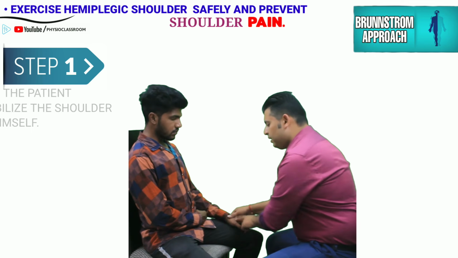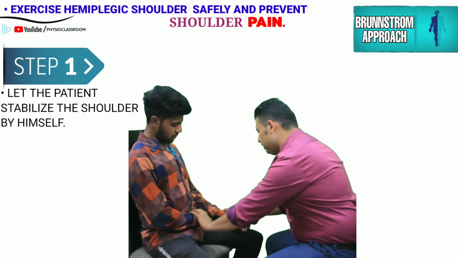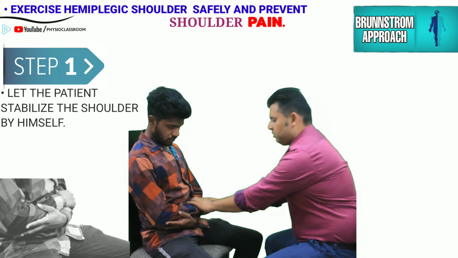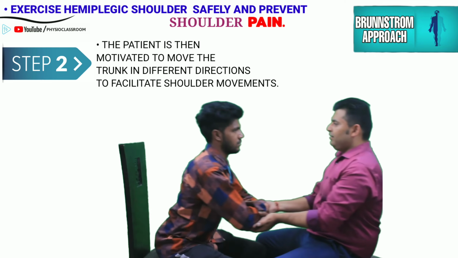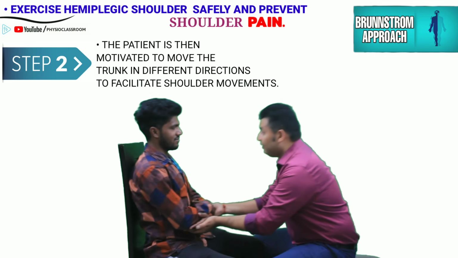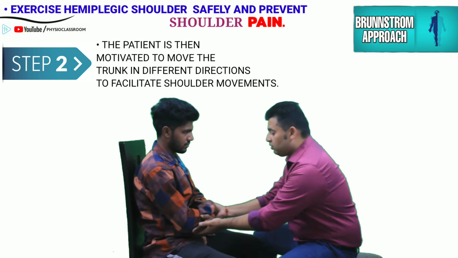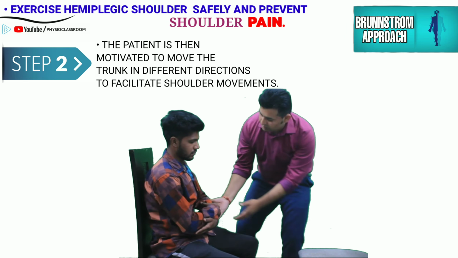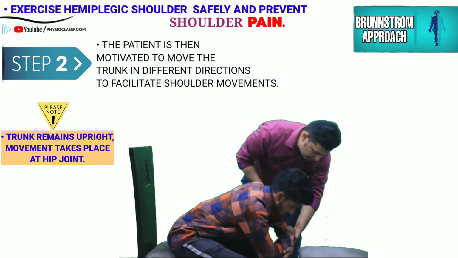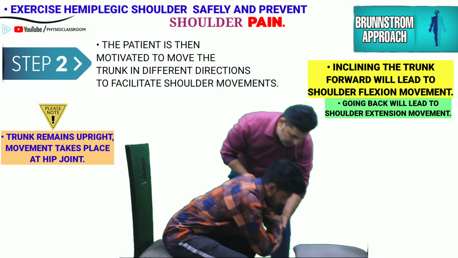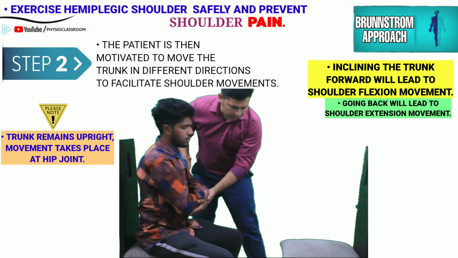The patient is instructed to self-support the hemiplegic upper limb using the normal hand. The patient is now instructed and motivated to move the trunk in different directions, which results in a considerable amount of shoulder mobilization. Inclining the trunk forward results in gaining the shoulder flexion movement.